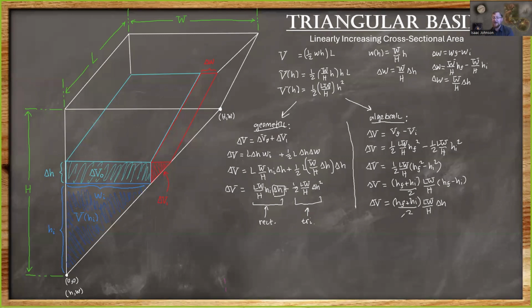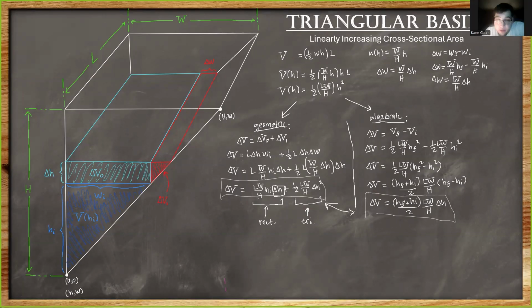And I want to point out, do you remember that we can make this algebraic form look exactly like this geometric form? How did we do it? How do we make those two look alike?